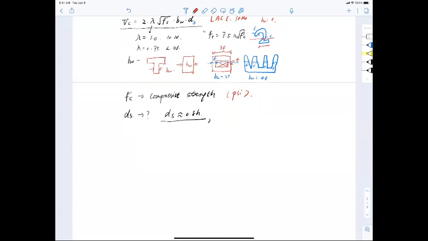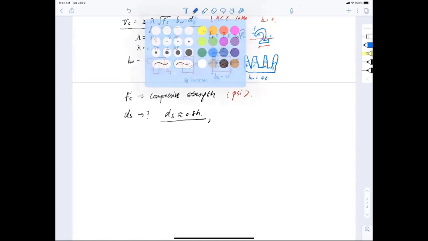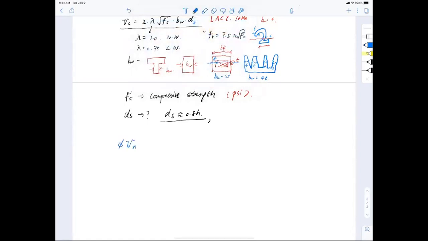If I want to use this equation, I can start writing the design for it. I have Vc equal to this fellow here. Then I write the design equation, which is phi Vn equal to phi times Vc plus Vs, and it has to be greater than or equal to Vu.